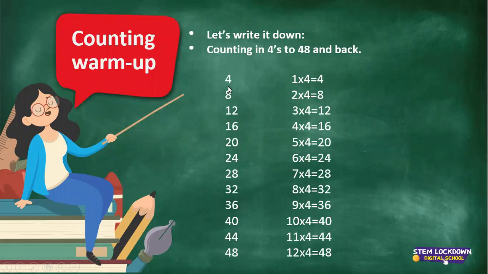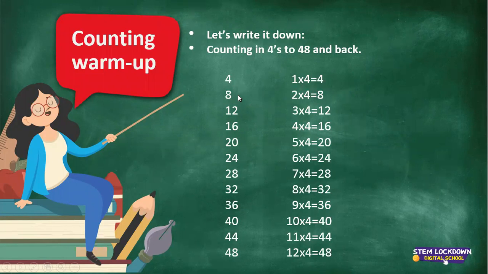Can you see this 4? If you can count and know your counting in fours, it's very easy to learn your 4 times table. There's the 4. It's the number 1. So we can say 1 times 4 equals 4. The second one is, you don't have to write it down now.